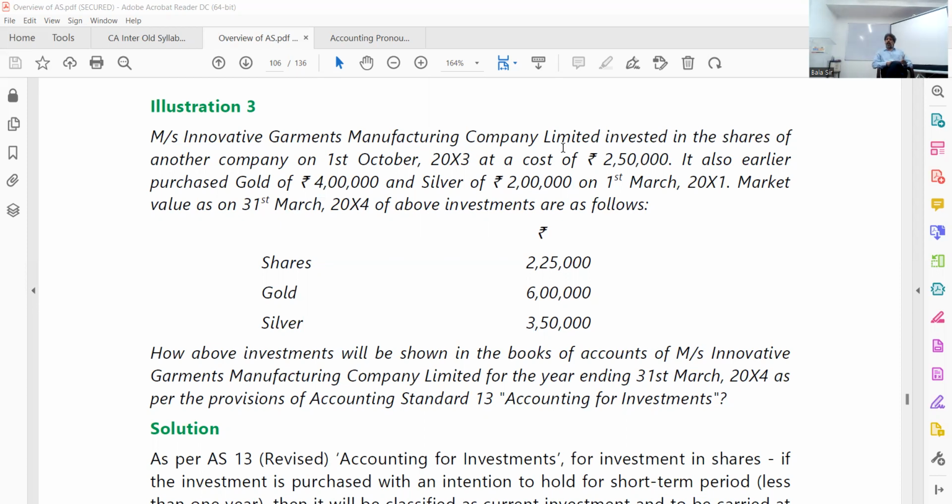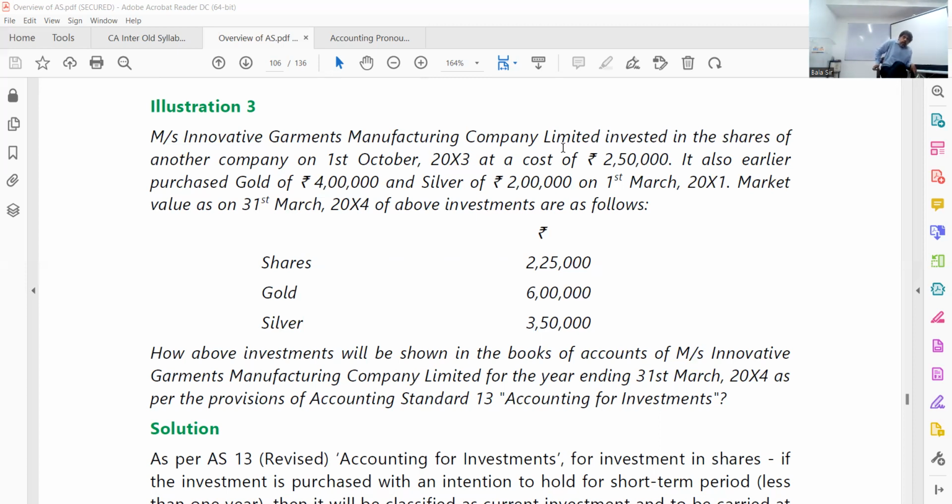It is given that as on 31st March 20x4, these investments have a market value, the fair value. For shares it is 2,25,000.